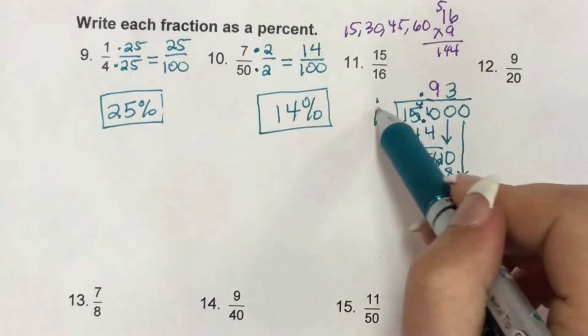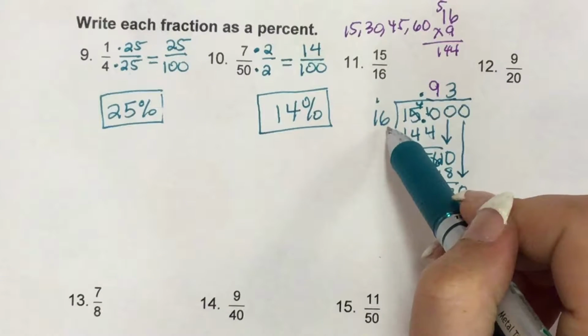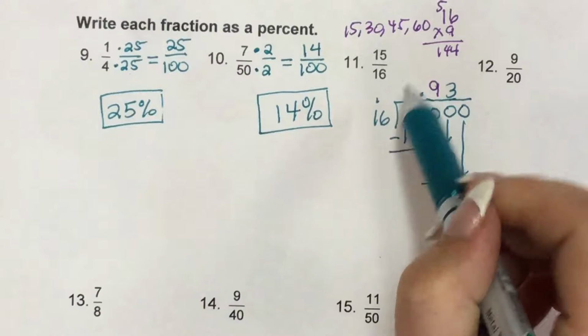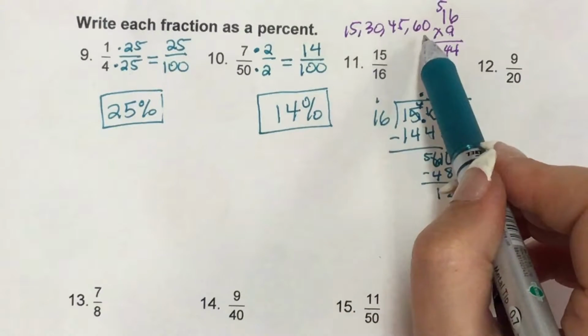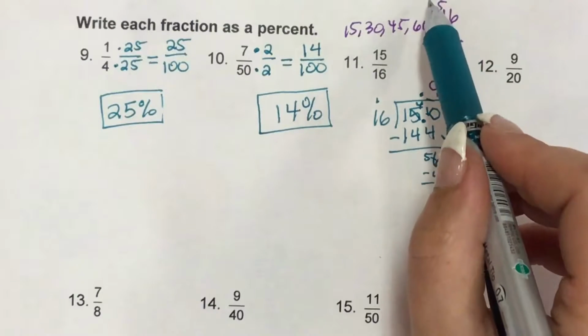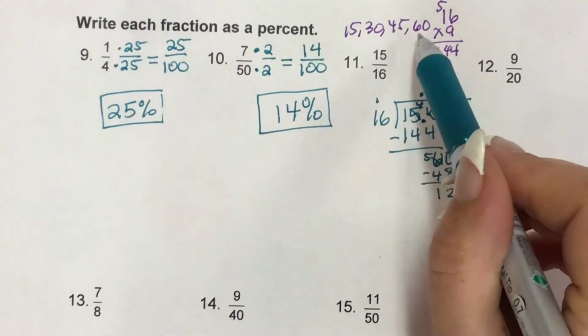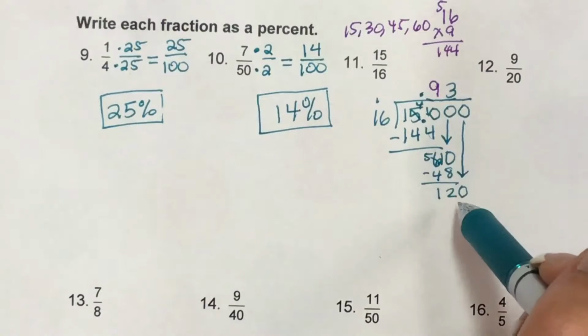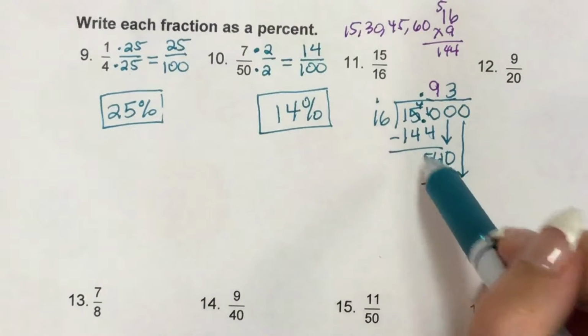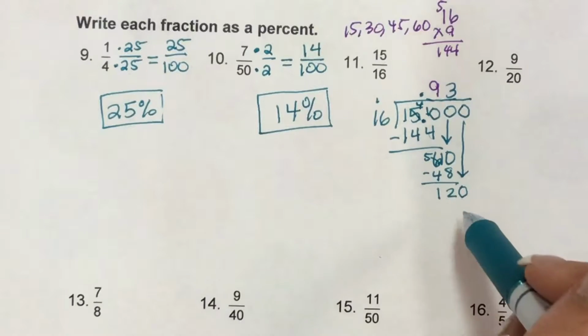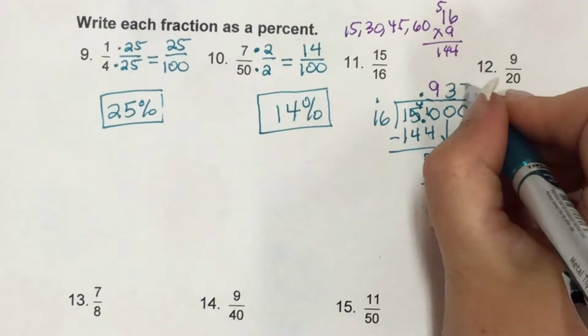When we thought about 16 as 15, we know that 15 goes into 60 4 times. And if we went 60 plus 60 would be 120. So that means that 15 would go into 120 8 times, but 16 is bigger than 15, so we know it can't go in 8 times. So it's going to have to go in 7 times.